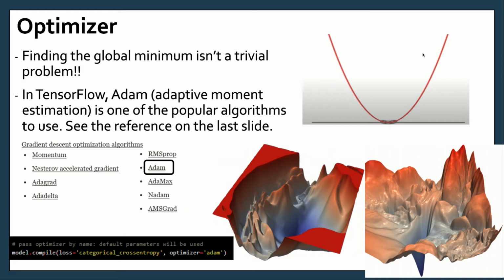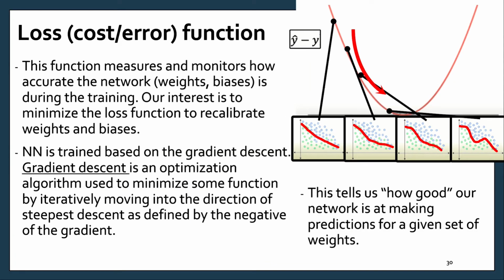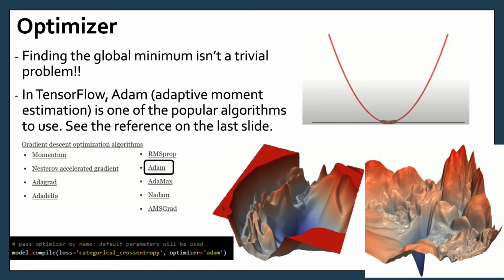The optimizer, so we already got the measure. Now we update the weights. In TensorFlow, we have Adam, which is adaptive moment estimation. It's one of the popular algorithms to use.